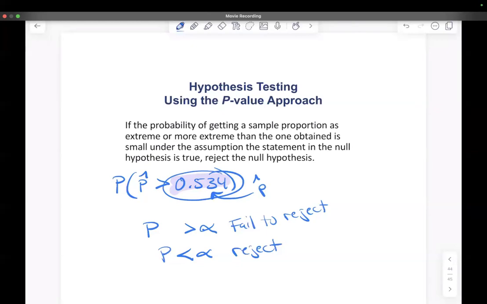I would reject the null hypothesis because that probability is less than alpha. However, if my alpha was 5% and the probability of getting my sample was like 8%, I would fail to reject. So this is just comparing the probability to alpha.